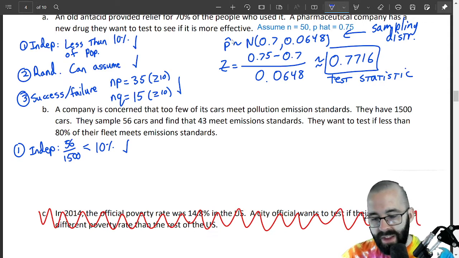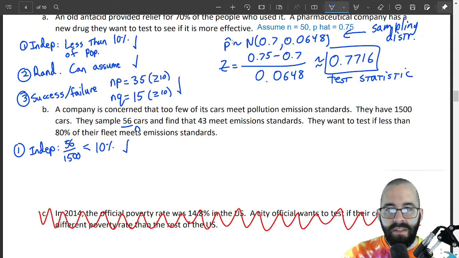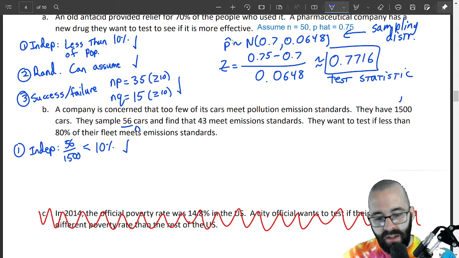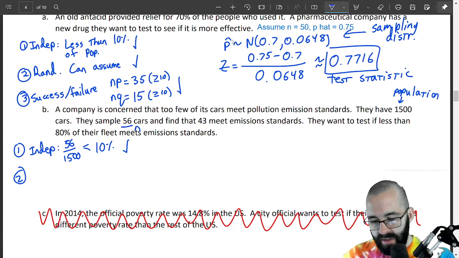Okay, remember that this is our n right here. N is our sample size, not our population. This right here is population. We need to randomly select. And again, we can assume that we are doing so randomly.